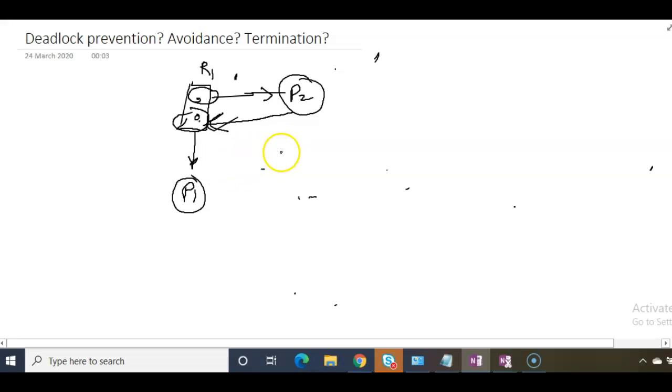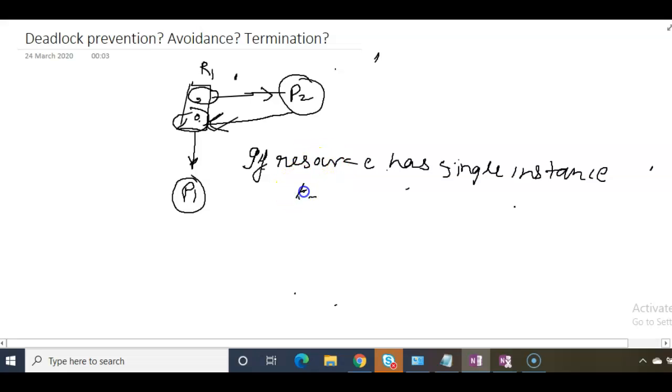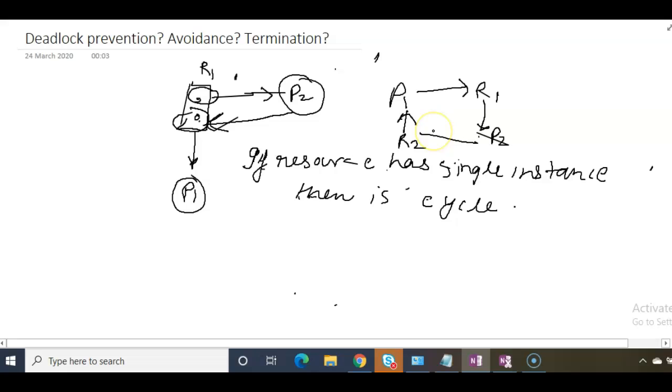Now the question is, if a resource has a single instance, then is a cycle, like this waiting cycle, where P1 is waiting for R1, and R1 is allocated to P2, and R2 is allocated to P1, and P2 is waiting for R2.